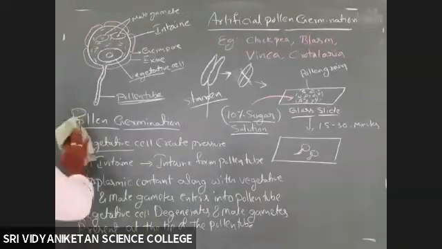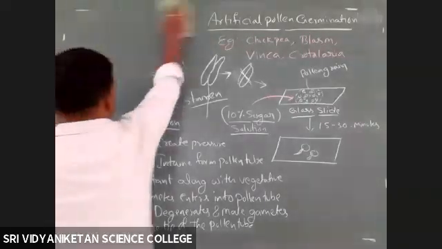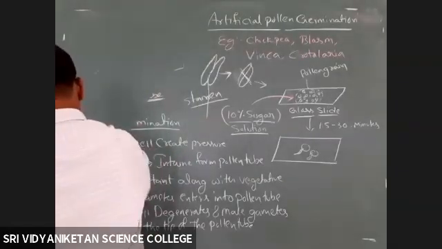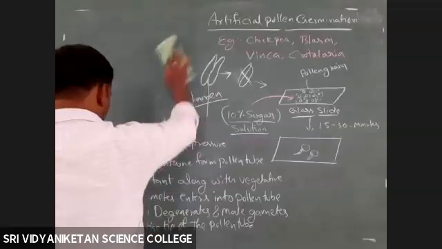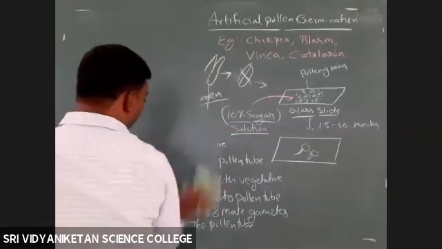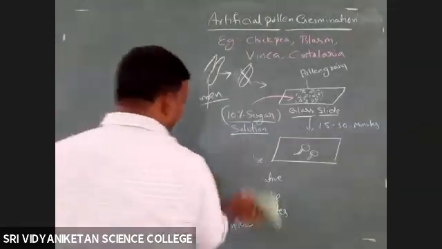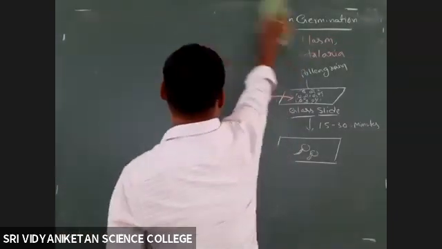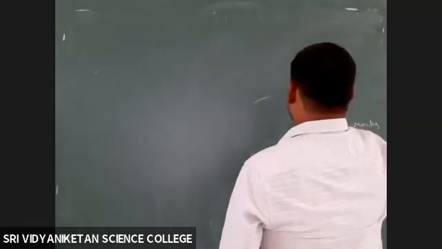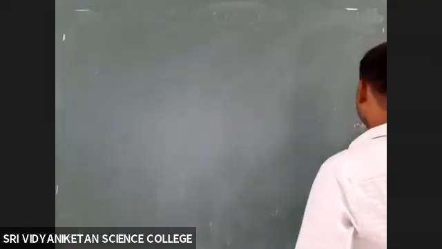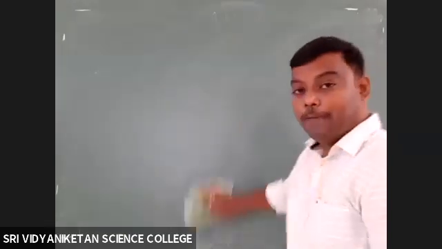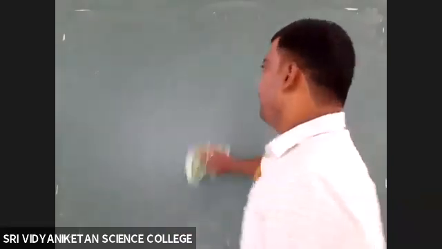Now, after this, the knowledge of pollen pistil interaction is useful to the plant breeder in artificial hybridization experiments. It's a very important thing here. Generally, in the market we have many hybrid varieties nowadays.